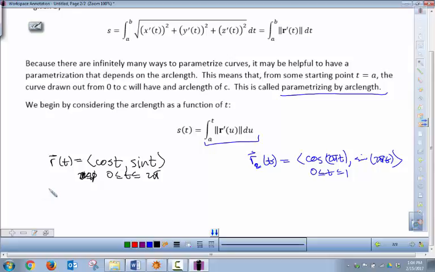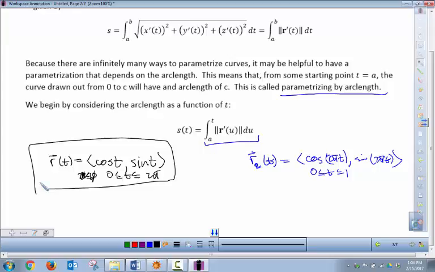But if you look at that first one that we got, this first one is actually one that can be said that you're parameterizing by arc length. Because the idea here is that if you integrate from 0 to t of the magnitude of this thing, the magnitude is 1.